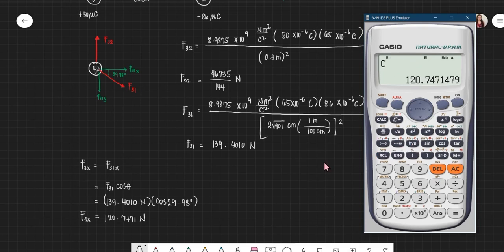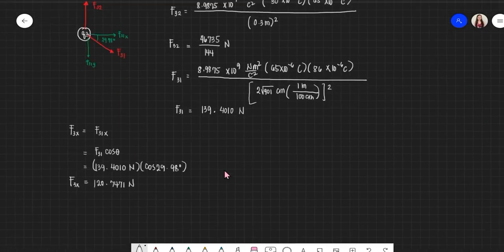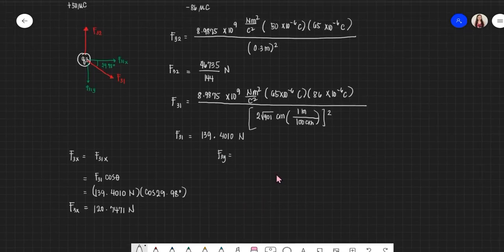And then F3y, the vertical component of the net force acting. So we have F32, which is directed upward, and the F31 component downward. So minus F31 sine of theta.